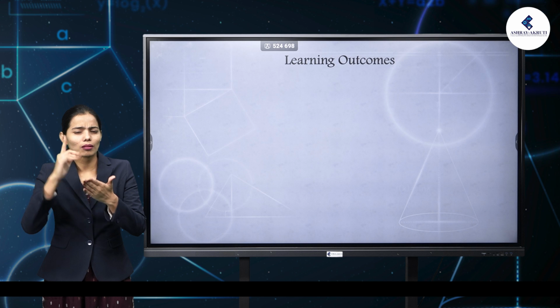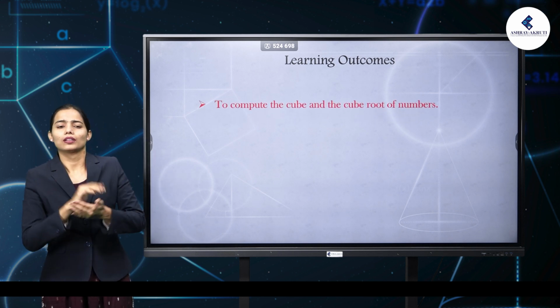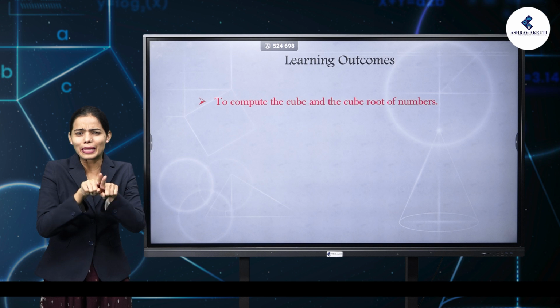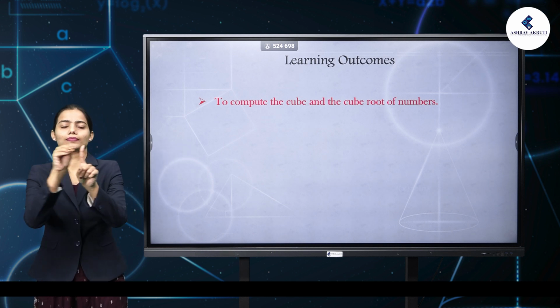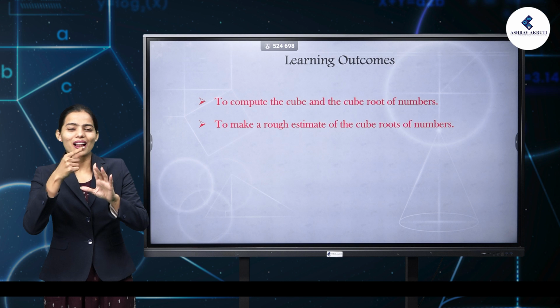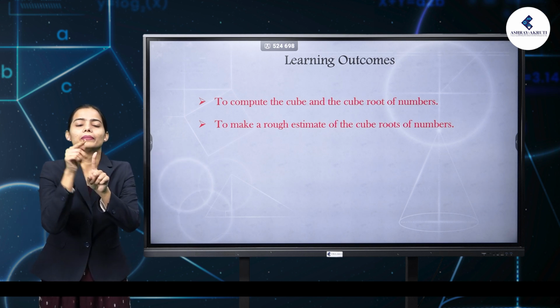After the completion of this lesson, you will be able to know learning objectives: to compute the cube and the cube root of numbers, and to make a rough estimate of the cube roots of numbers.